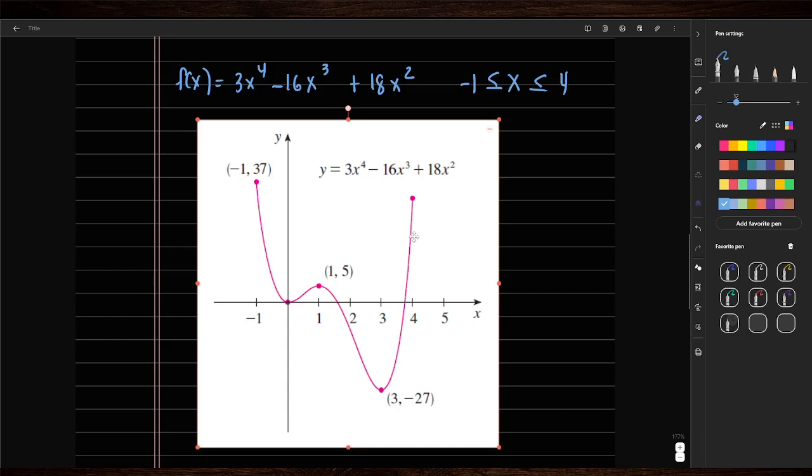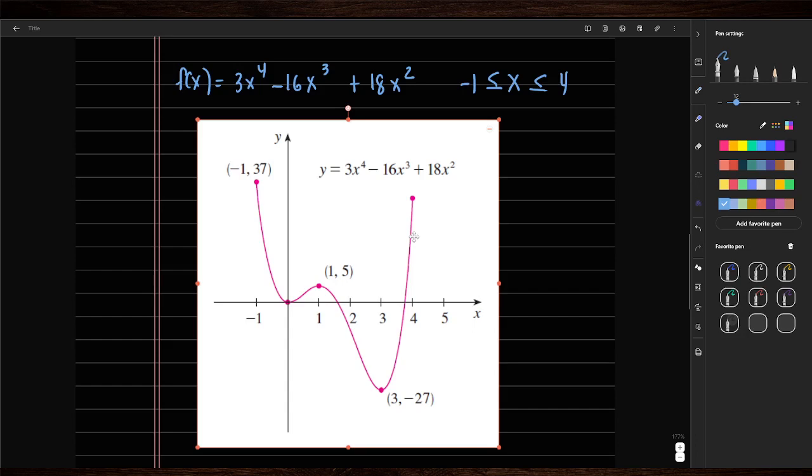So at f of 0, as we can see in the graph, it is equal to 0, no? And also at f of 3, this is equivalent to -27.